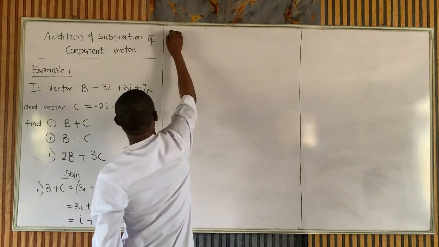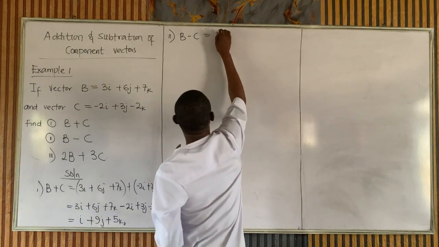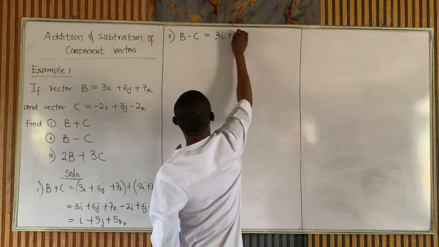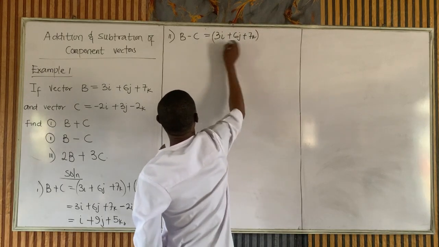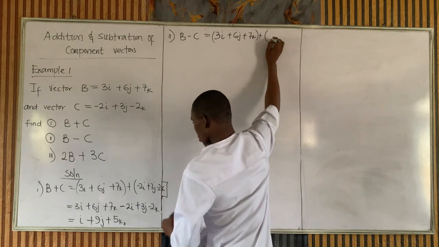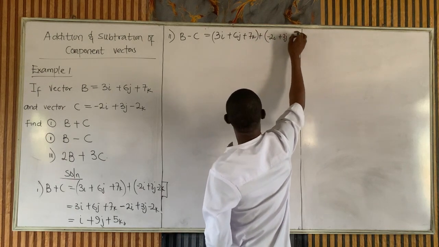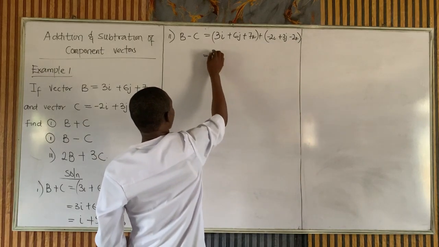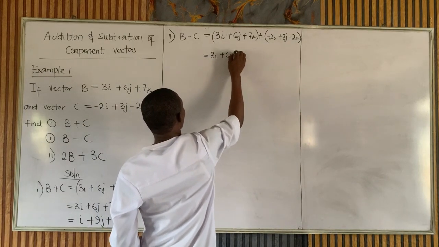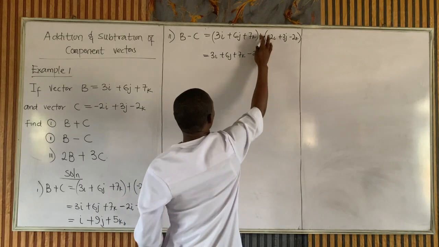Let's take the second one now. B minus c. Again, this is going to be 3i plus 6j plus 7k minus minus 2i plus 3j minus 2k. So this is subtraction.